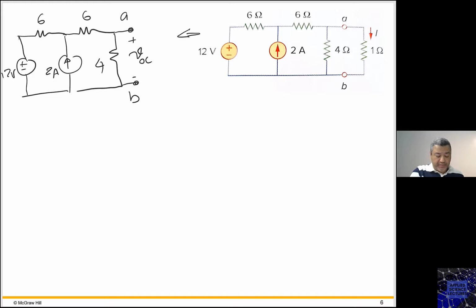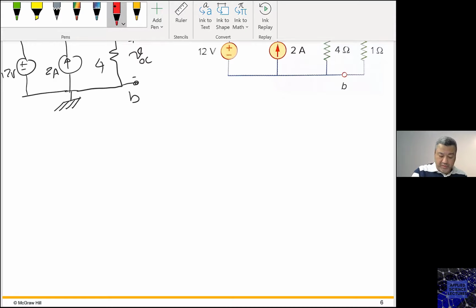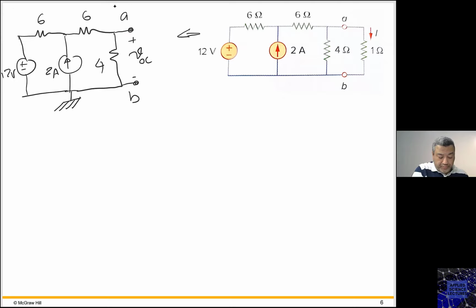For example, I can do a nodal analysis here. Put this one here as my reference. And then let's do it the way we used to do. This is a node.